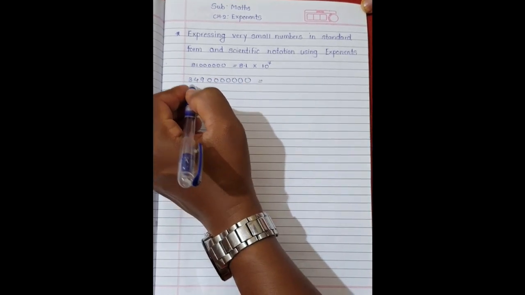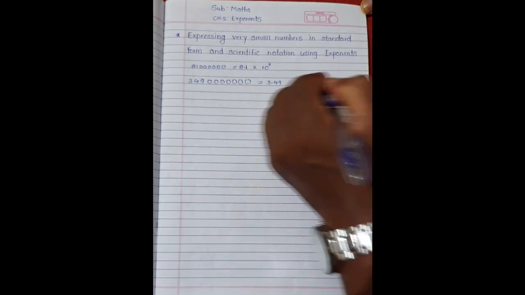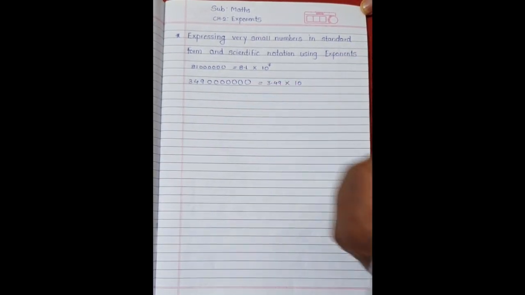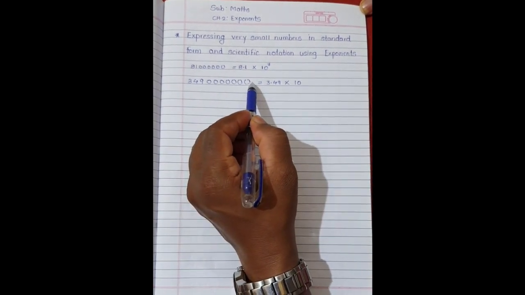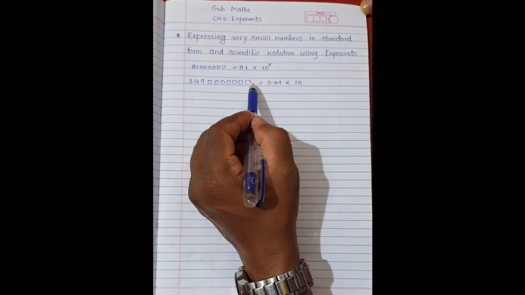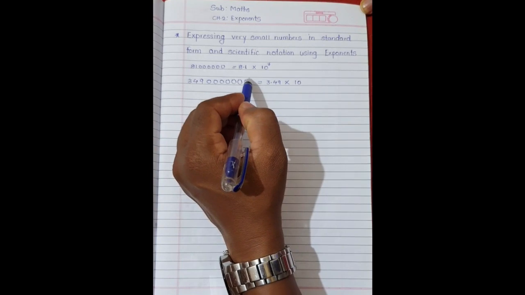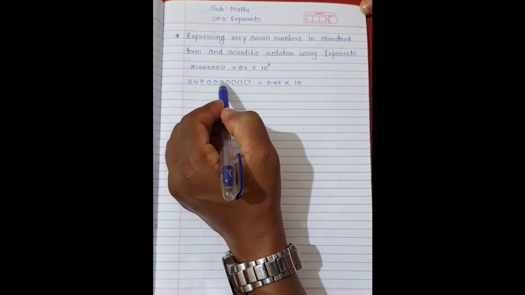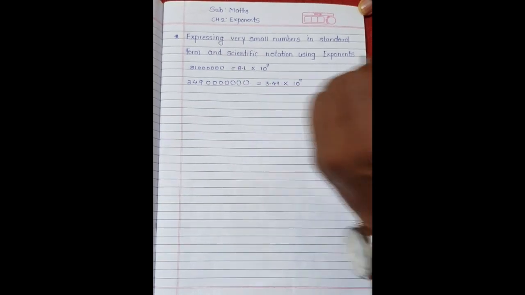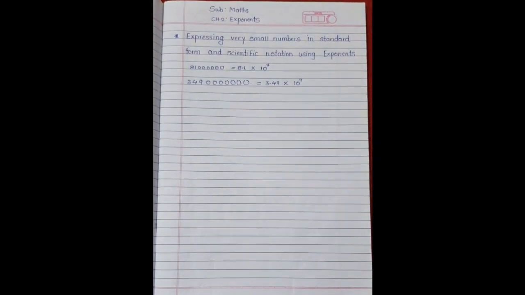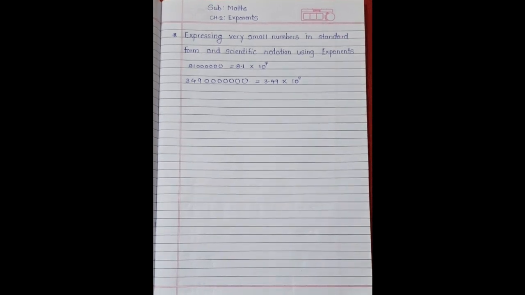So here we write 3.49 into a power of 10. Which power of 10 will we get here? Actually the decimal point was here at the end, so we have shifted the decimal point towards the left side by how many places? 1, 2, 3, 4, 5, 6, 7, 8 and 9. That's why 10 raised to the power 9. Understood? So in this way we expressed big numbers in the standard form.